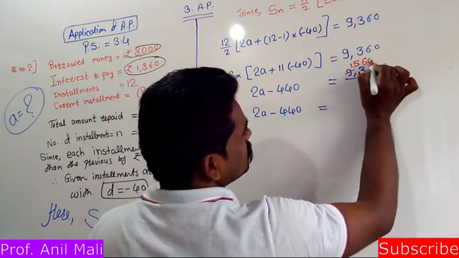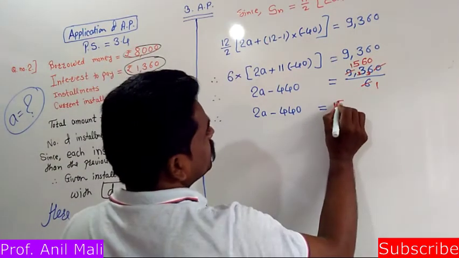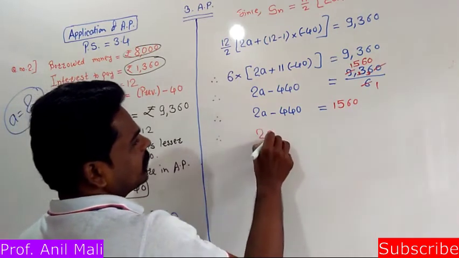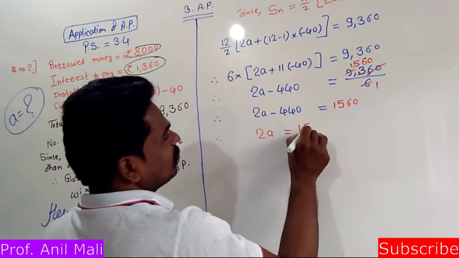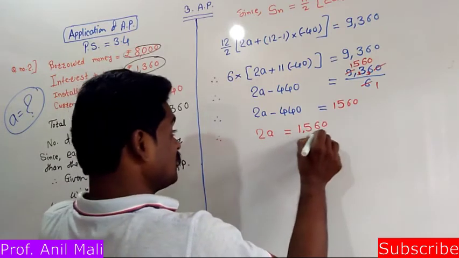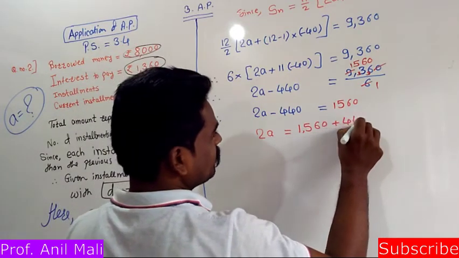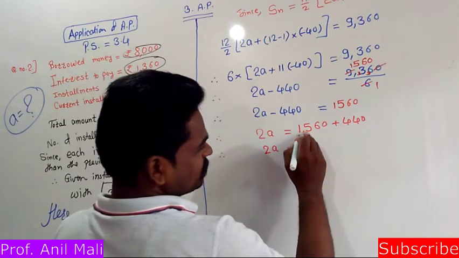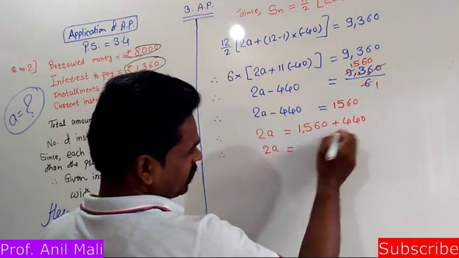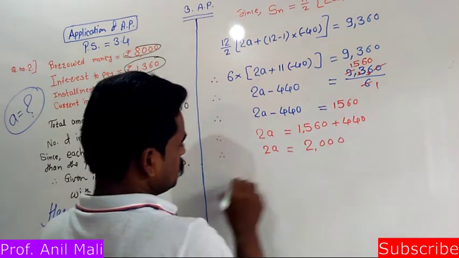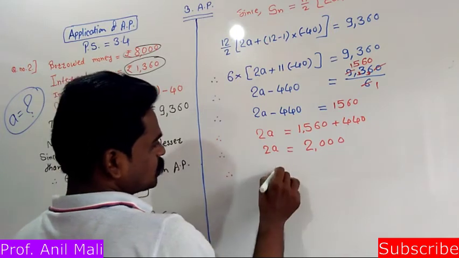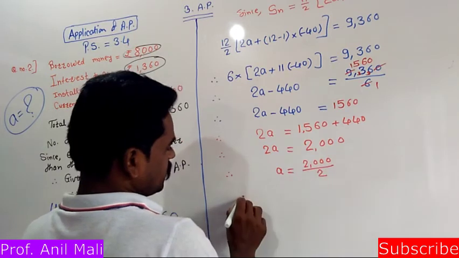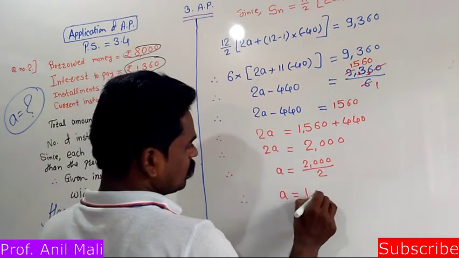And again one more 0 is there, so 0. That gives 1560. Therefore 2a is equal to 1560 plus 440. Therefore 2a is equal to 2000, and therefore a should be equal to 2000 divided by 2.